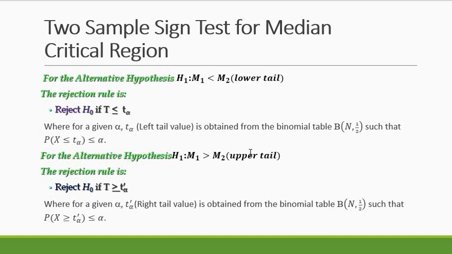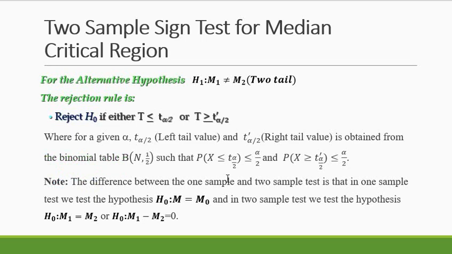The critical region remains the same as in the earlier case. If the alternative hypothesis is M1 less than M2, we reject if T is less than or equal to T alpha. For H1: M1 greater than M2, we reject if T is greater than or equal to T dash alpha.